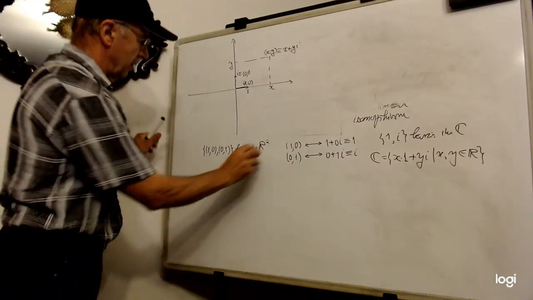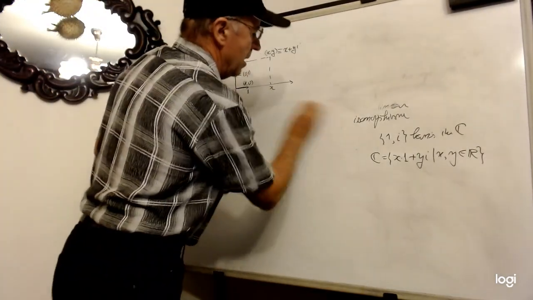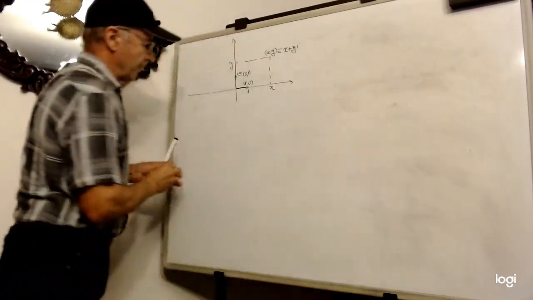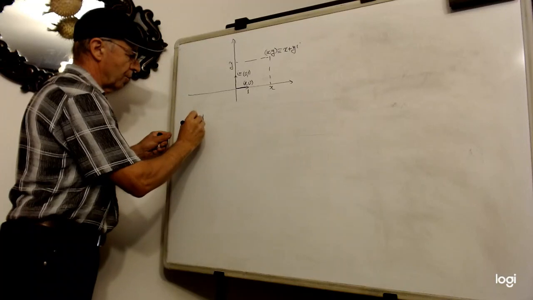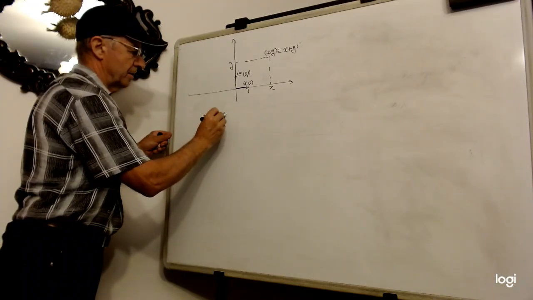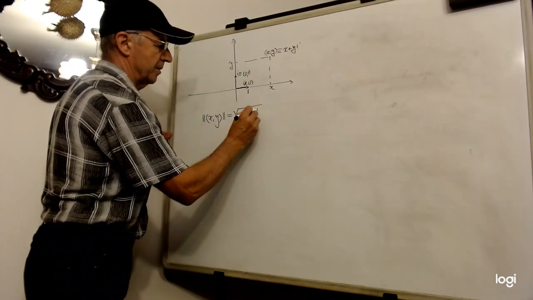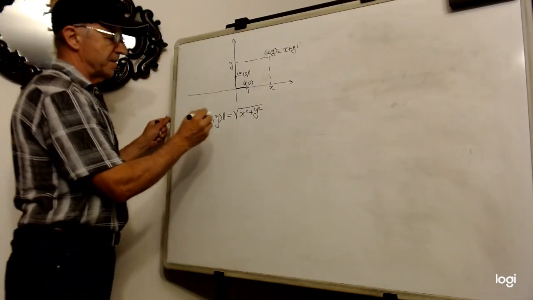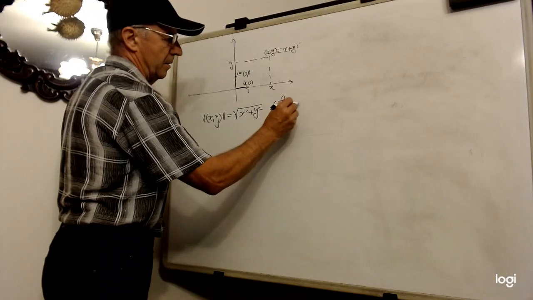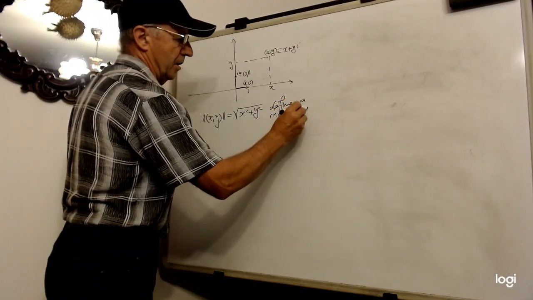Now on the space R2, the formula norm of (x, y) equals square root of x squared plus y squared defines a norm on R2.